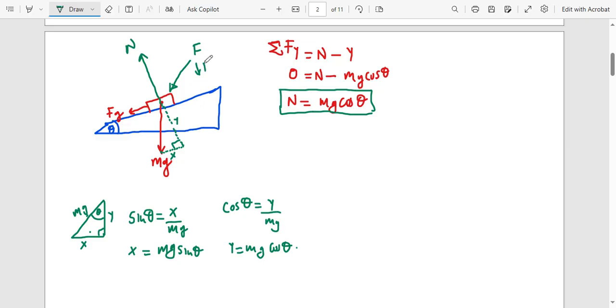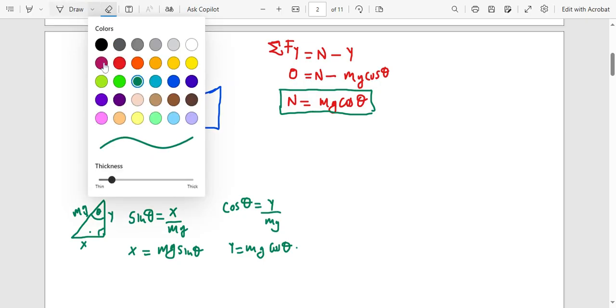It's going to have the component going downwards, Fy, and the component going forward, which is Fx. In this case, the normal force will change because for the downward forces, we don't just have y, we are also going to have Fy. So that's what you need to take note of. When you want to calculate the normal force, also include the y component of the force that you applied at an angle.